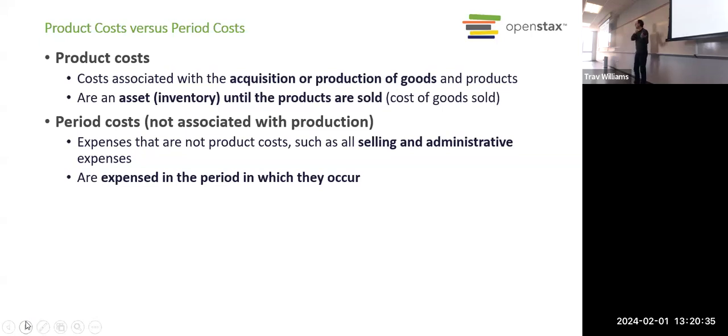We might have made the product last year, but it's sitting on our books as inventory, as an asset, until we sell it. And at that point, that becomes an expense, cost of goods sold, right? So that's the big difference. Product costs are not counted as expenses until the product is sold, and period costs are counted in the period that they occurred.